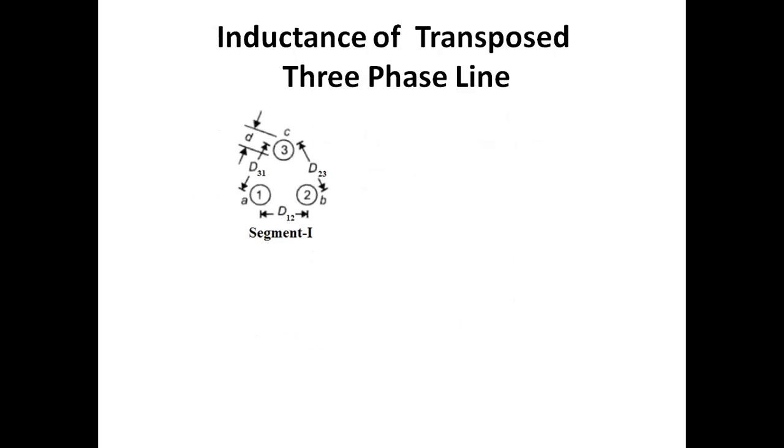Now I am going to derive the inductances. At segment 1, if we consider only phase conductor A, you can see A conductor is placed at position number 1.